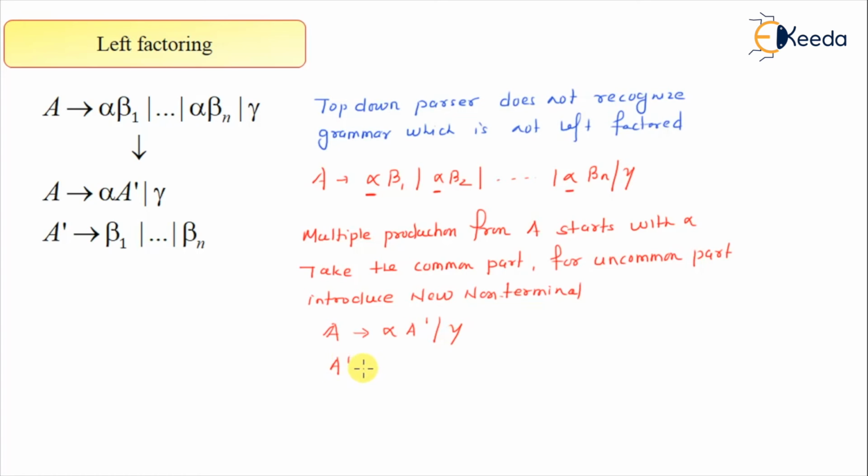It is the responsibility of the A dash to derive this uncommon part, so that will derive your beta 1 or beta 2 or up to beta n. So that is the rule, and that we call a left factoring of the grammar.